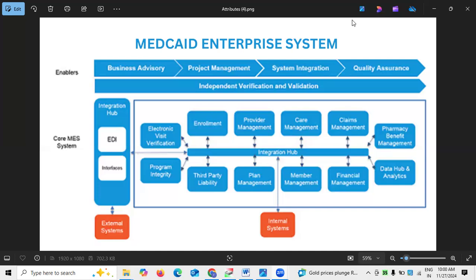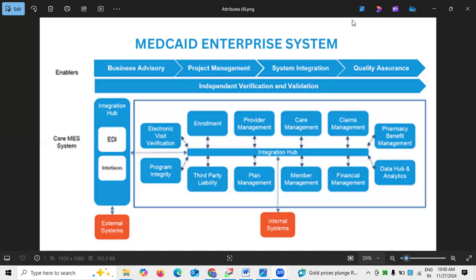Next, if you want to meet existing requirements and address future requirements, that can be done. It must also ensure compliance with MITA and the seven conditions and standards, which can be implemented quickly at lower cost, considering the risk and cost involved.